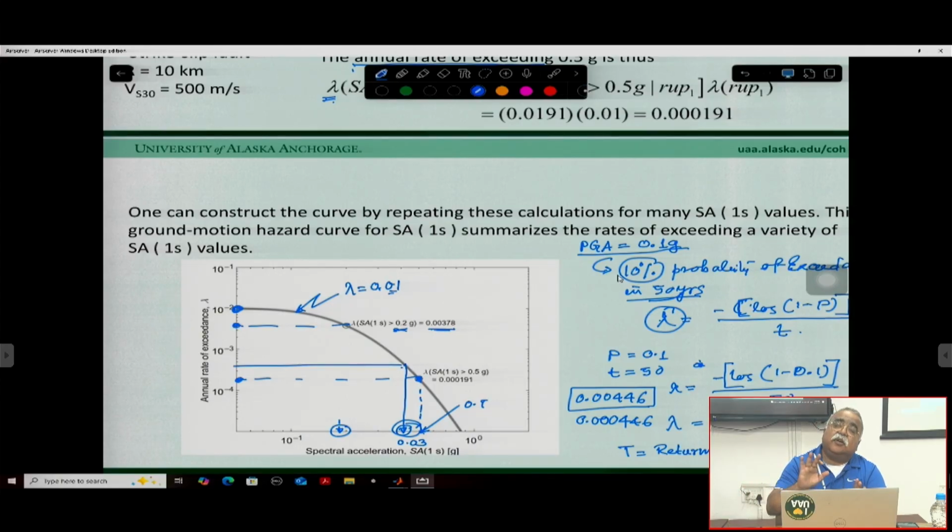So instead of doing that, what we do is give a uniform probability of exceedance.